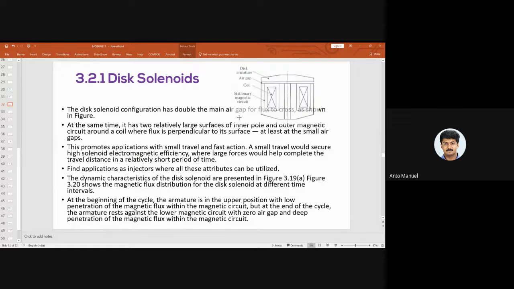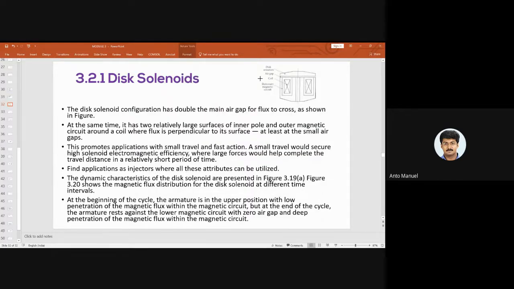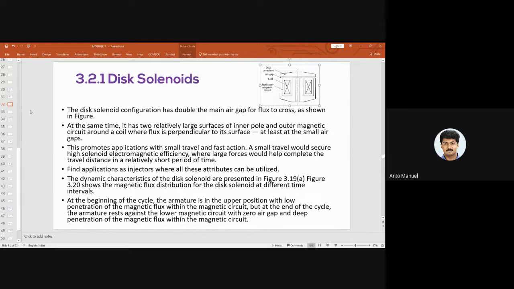When the system is excited, the electromagnetic system generates electromagnetic flux, and that flux influences the disc armature to move towards the core side, or coil side, or stationary magnetic circuit side. With the aid of the air gap present in the system, the disc armature moves when the coil gets excited. That happens in all kinds of solenoid systems we are discussing in this module.